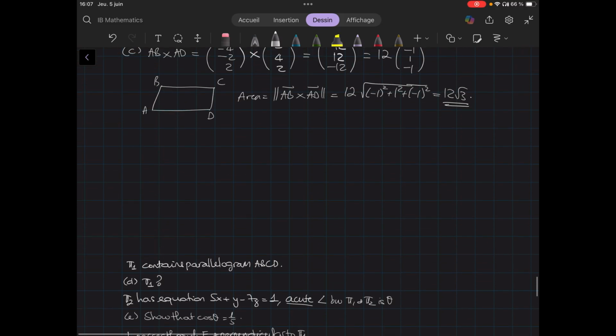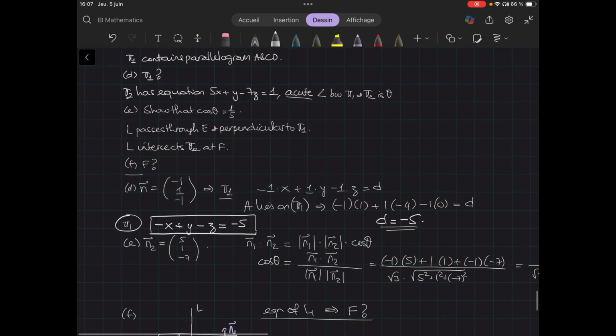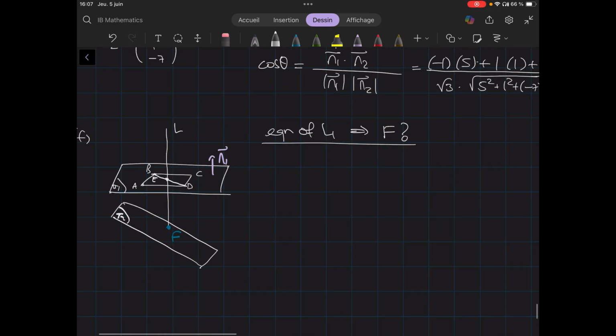From part B, we know that the coordinates of E are 0, -3, and 2. We also know that L1 is perpendicular to pi 1.